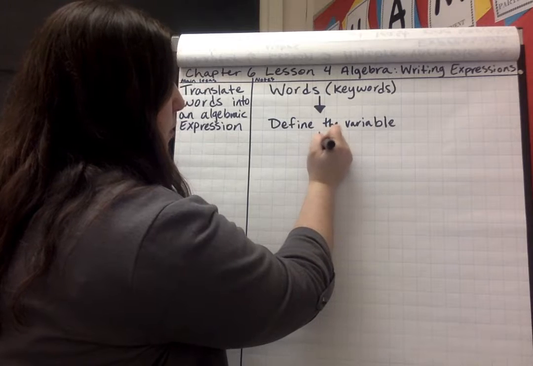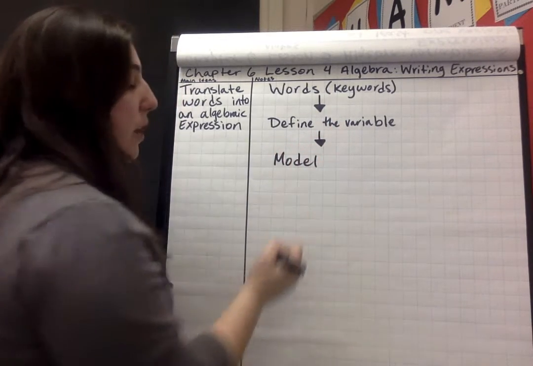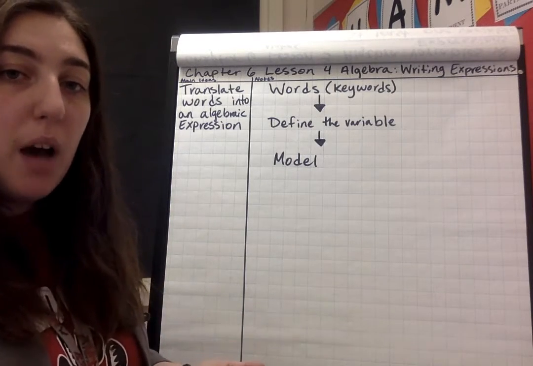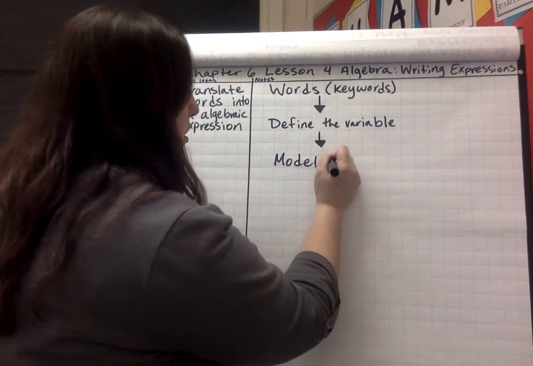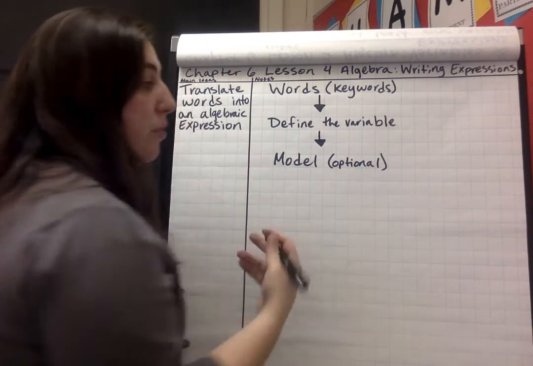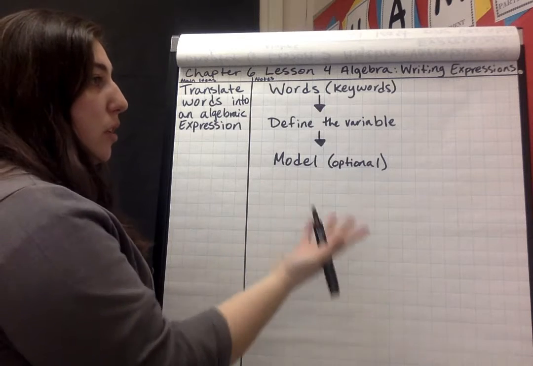We are going to model. So those diagrams that we were drawing or that you saw in the inquiry lab, that would be modeling the situation. Okay, and the model is optional. So if you don't like using a visual, you don't have to do it. If you do like using a visual, feel free to draw a diagram.